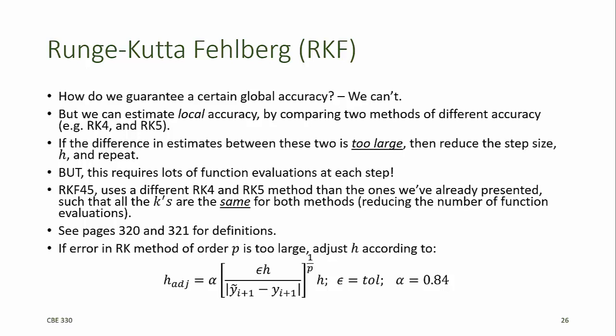If the error in the RK method of order p is too large, then the step size is adjusted according to a formula that includes a tolerance and an adjustment parameter alpha. RKF45 uses alpha equal to 0.84. Here, the difference between y at i plus 1 tilde and y at i plus 1 is intended to represent the local truncation error, estimated by the difference between the lower order and higher order RK methods.